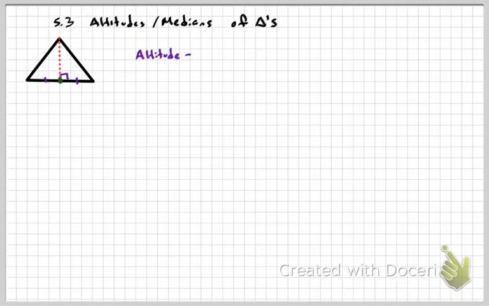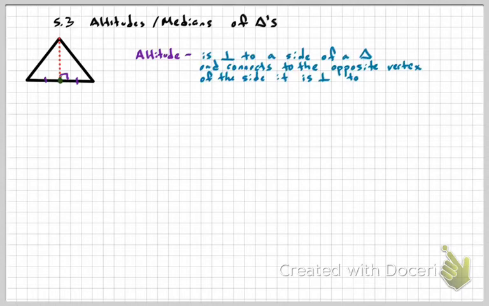So an altitude of a triangle is perpendicular to a side and connects to the vertex opposite the side it is perpendicular to. So an altitude does not have to be at the midpoint of the side. That's super important. It just has to be perpendicular to a side and connect to an opposite vertex, okay?